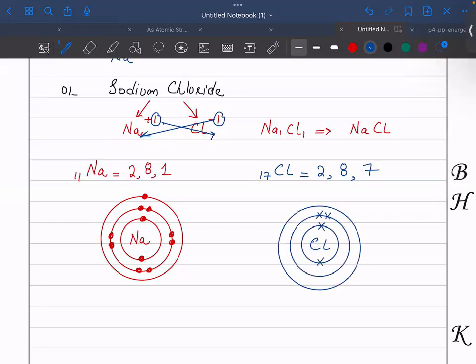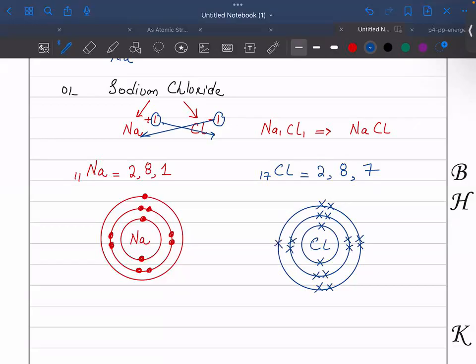Second shell has 8 electrons. 1, 2, 3, 4, 5, 6, 7, 8. And the last shell of chlorine has 7 electrons. 1, 2, 3, 4, 5, 6, 7.